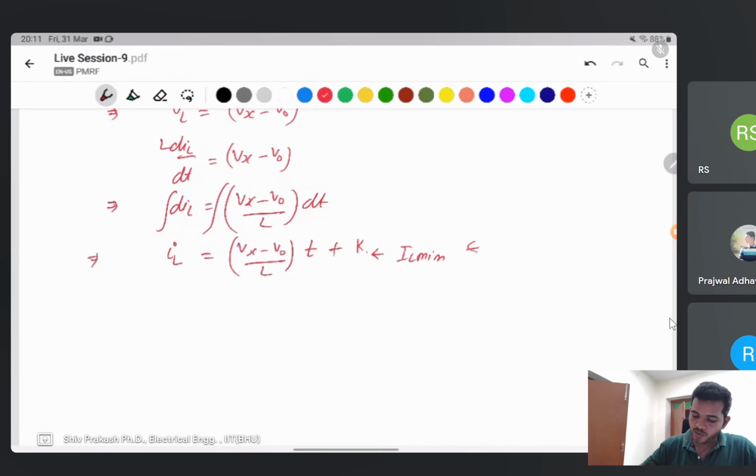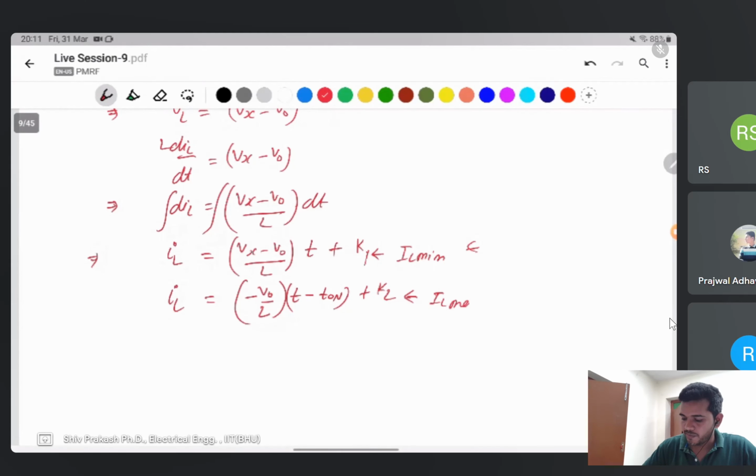Similarly, on the second side, when both switches are off, you find this one is like L into T minus T on, plus K, where this one is K1 and this one is K2. K2 is the IL maximum.